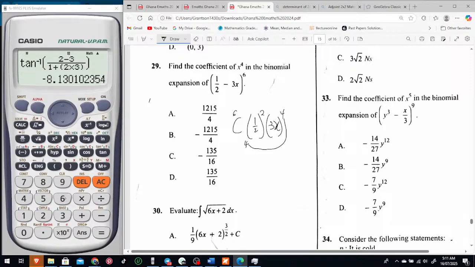So open bracket, 6 combination 4, half, and 3. Don't punch the 3x, just punch 3, because you're looking for the coefficients.